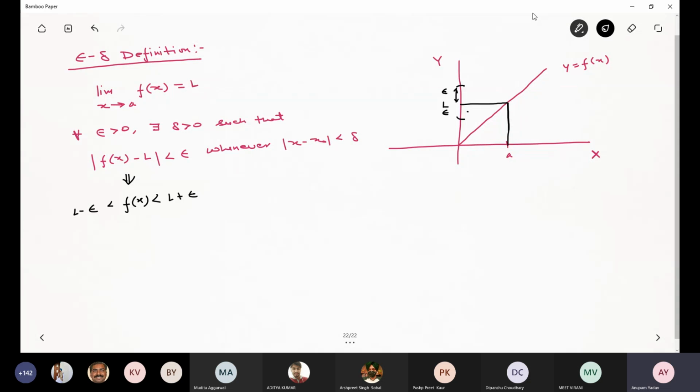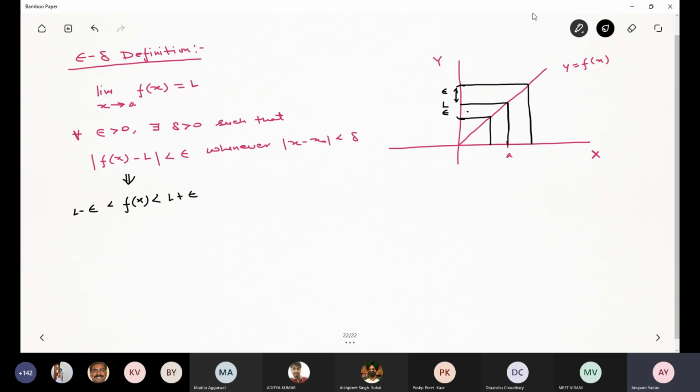All right. So what the definition says, for a given epsilon greater than 0, if I'm having a delta, if I try to see the pre-image of this point on y equals f(x), it is going to look like this. And the pre-image of this one is going to look like this.